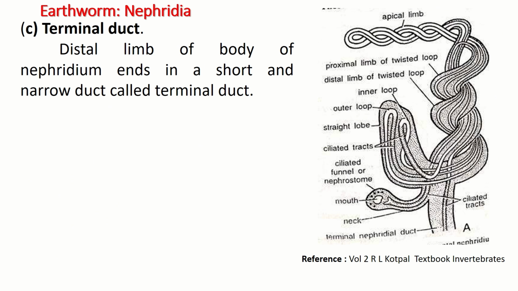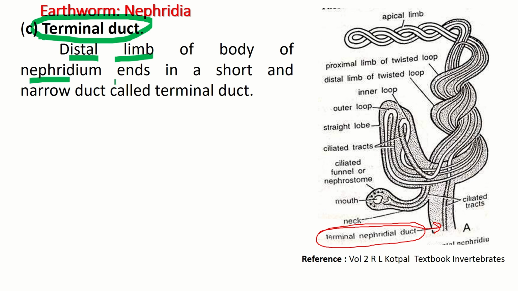Then the third part, the terminal duct. The distal limb of the body of the nephridium ends in a short narrow duct called the terminal duct, the last part of the nephridium. All the material is finally collected in this terminal nephridial duct.